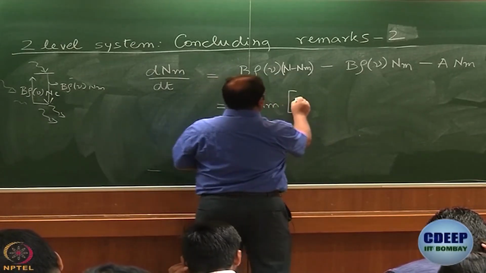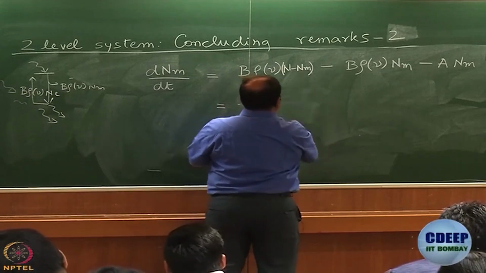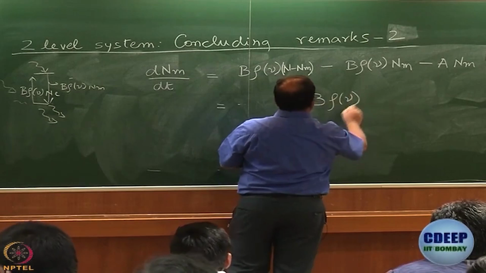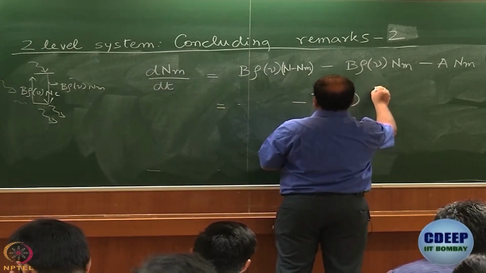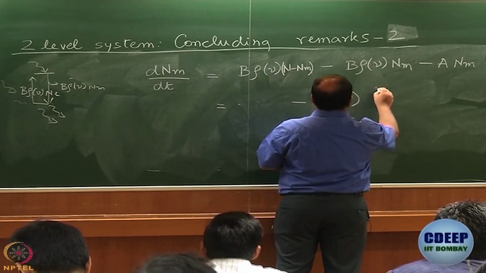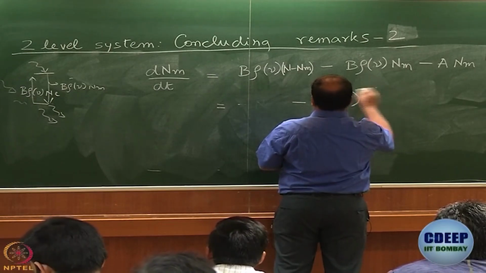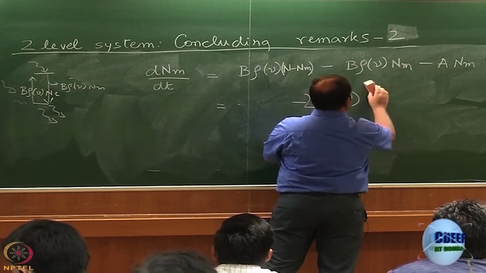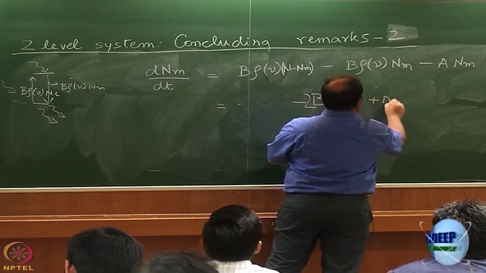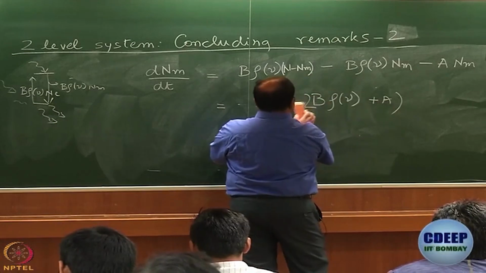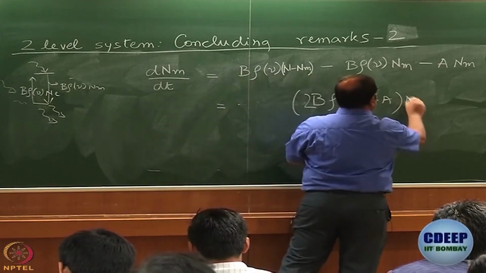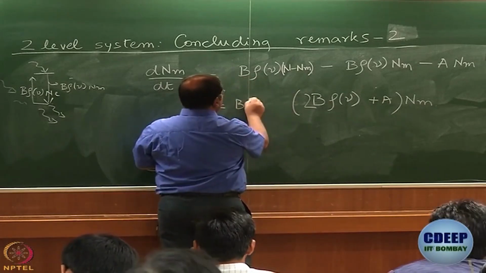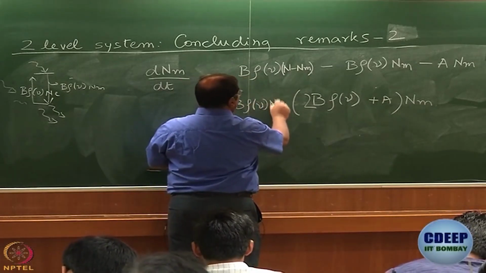So minus B rho nu, minus 2B rho nu Nm, I don't have to write Nm here, plus A, this whole thing can go into brackets, inside brackets, Nm, and what is the non-Nm term? B rho nu N, right?